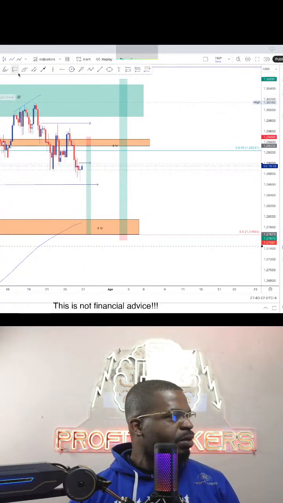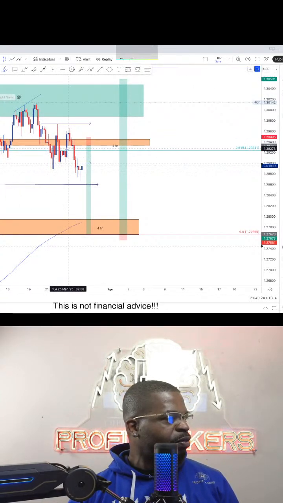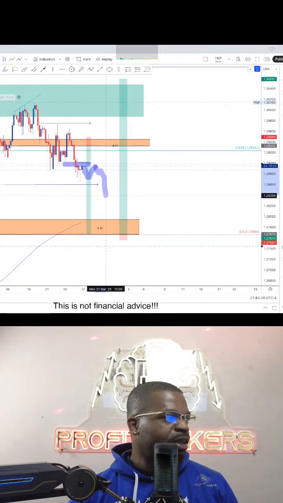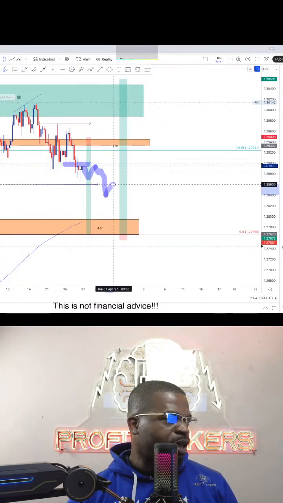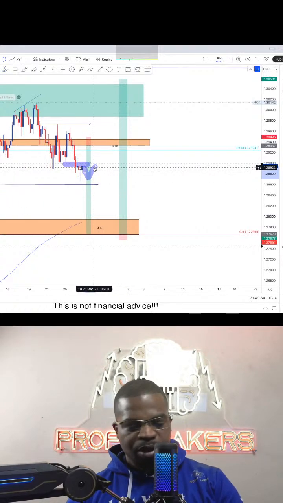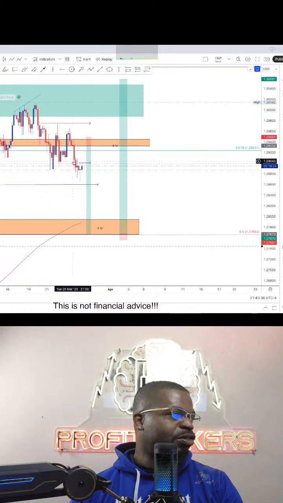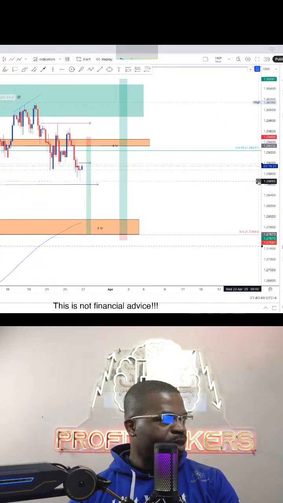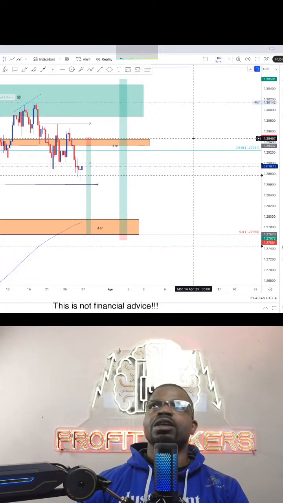Now, right here, if price decides to consolidate in this area instead, we'll just wait for a break beneath that low and use the retest of it to get in this sale. It really doesn't matter what happens. There's so many different ways you can use really simple concepts to enter in these trades.